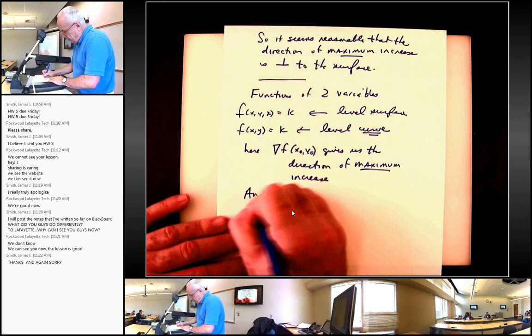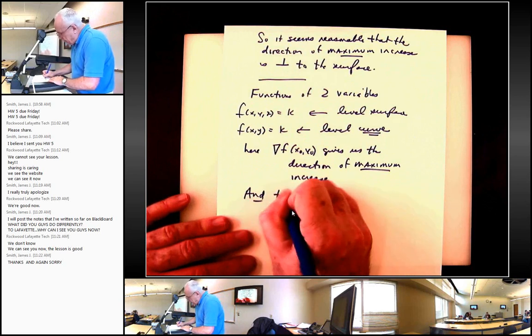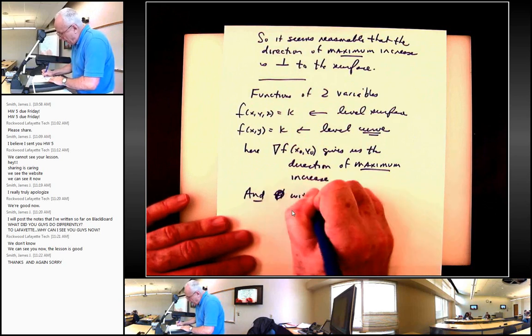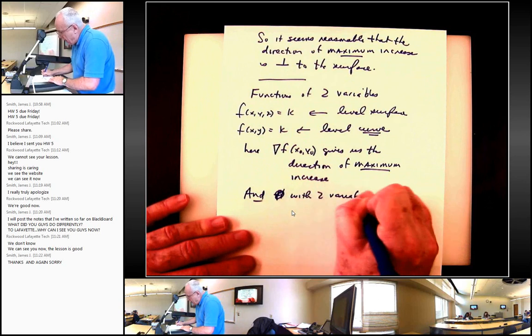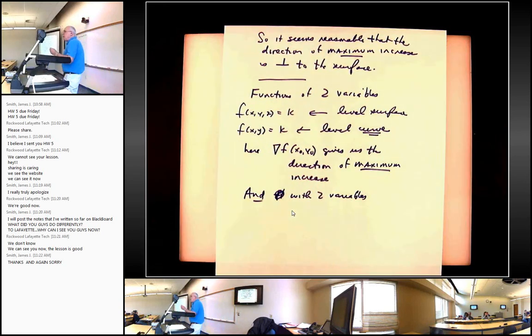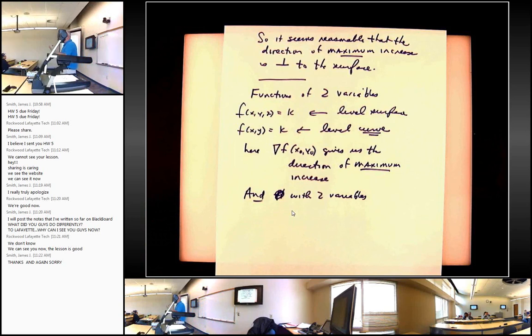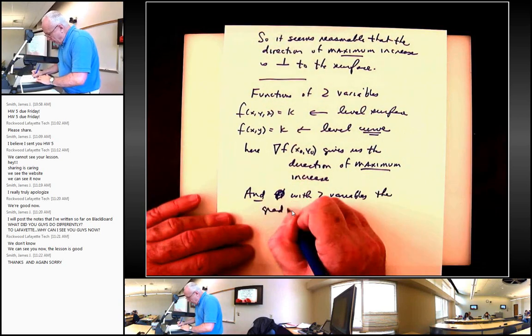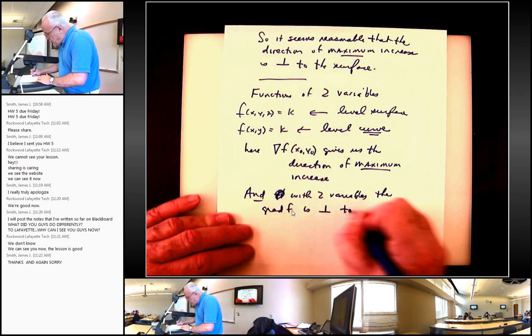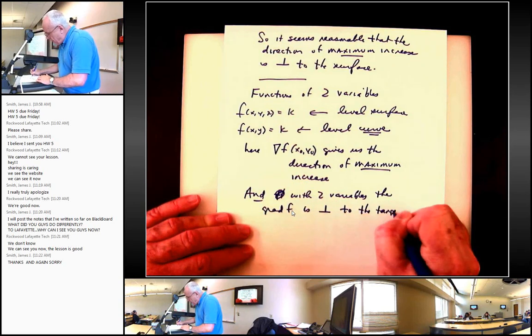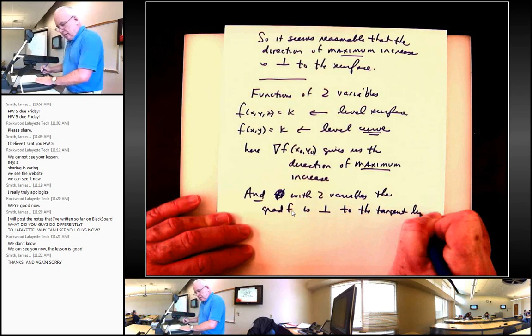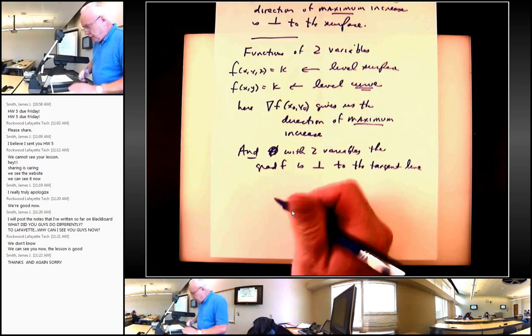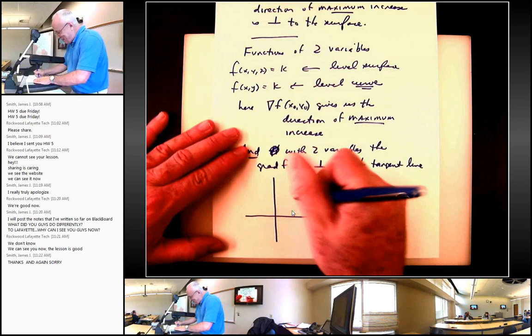And with two variables, instead of the gradient being perpendicular to the tangent plane, it's perpendicular to the tangent line. And with two variables, the gradient is perpendicular to the tangent line. So let's just here look at this one little picture I've got here.